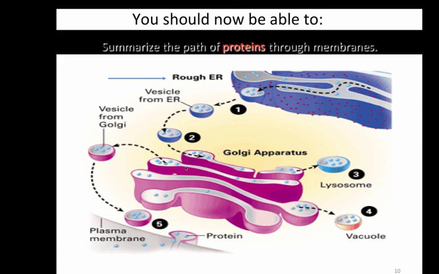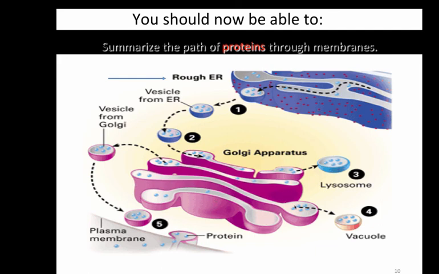What about the Golgi? You recall, the Golgi is a network of membranes within the cytoplasm, and it's responsible for modifying, synthesizing, sorting proteins, and storing them. As these proteins move throughout this Golgi apparatus, they're being modified.